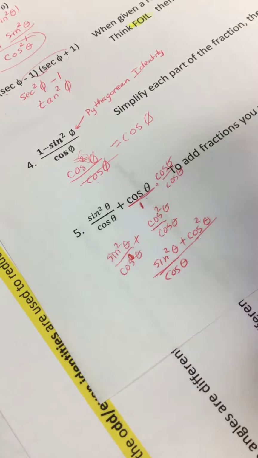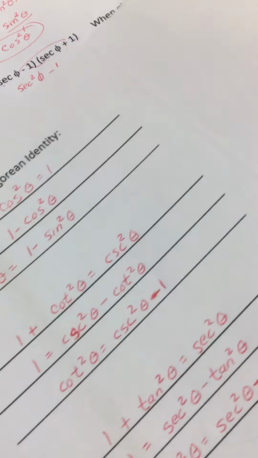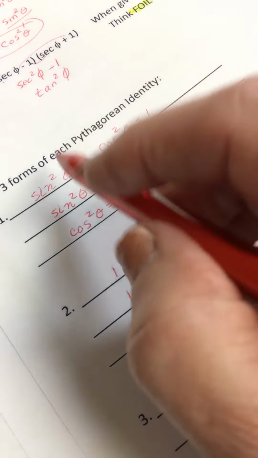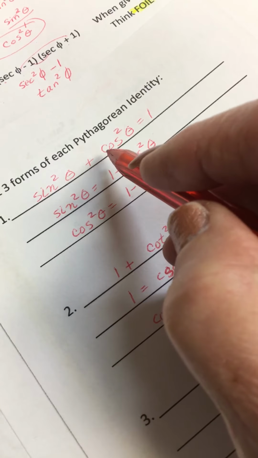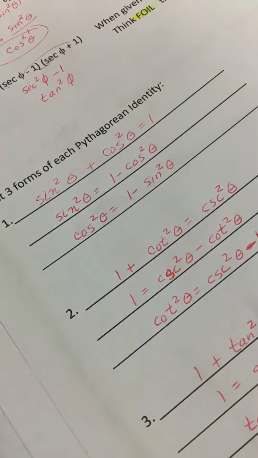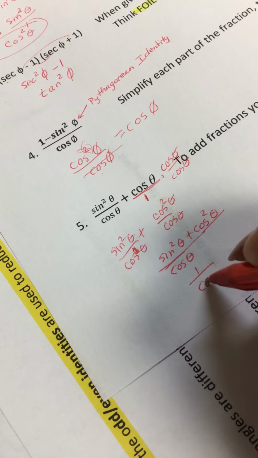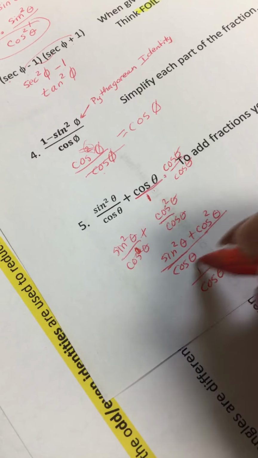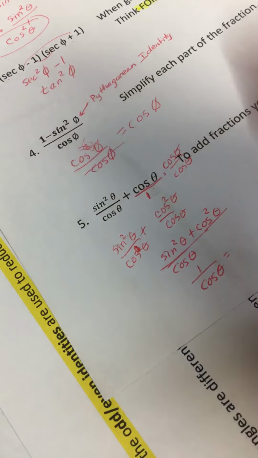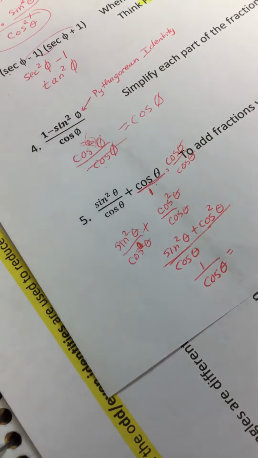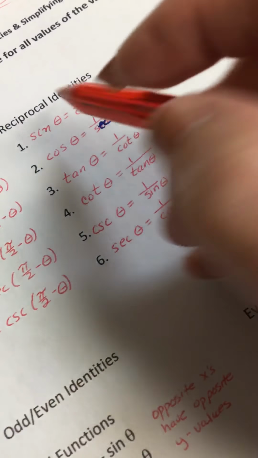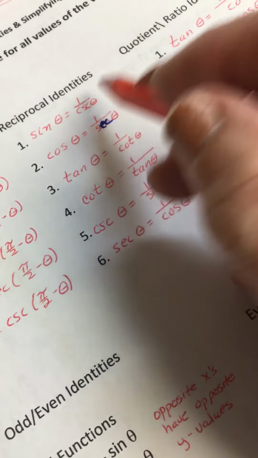But something in my head is telling me I've seen that today. So look back over here, and there it is. Sine squared plus cosine squared is a 1. So I can replace that with a 1. And I'm thinking, this looks like a reciprocal identity that I know. So what is 1 over cosine? 1 over cosine is that one I made an error with a while ago.